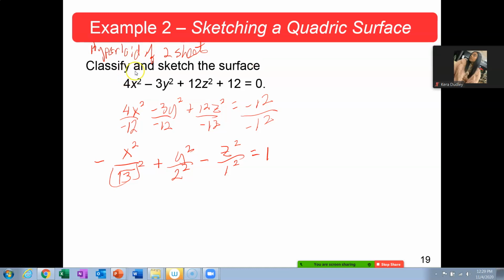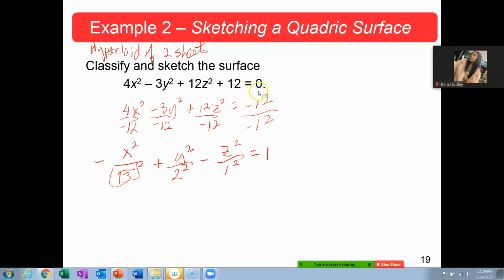Now, how I go about classifying this surface, I rewrite this in what I considered more of a standard form, okay? And here's what that standard form was. 4x squared minus 3y squared plus 12z squared is equal to minus 12. In other words, subtracted 12 from both sides.